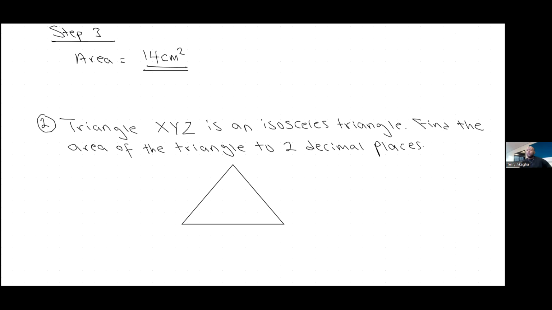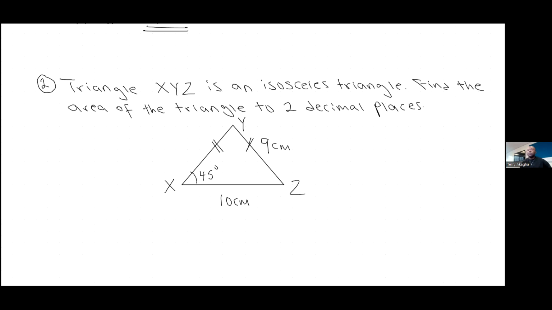We're told this is X, Y, and Z. The angle here is 45 degrees. And we're told this is an isosceles triangle, all right? So here is 9 centimeter, and here is 10 centimeter. And we're told to find the area.